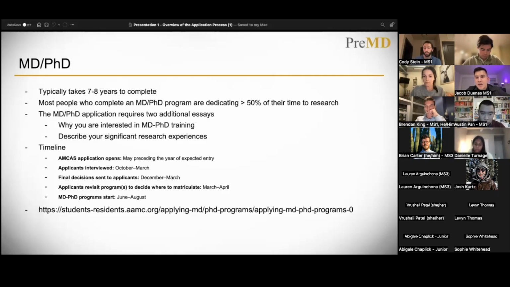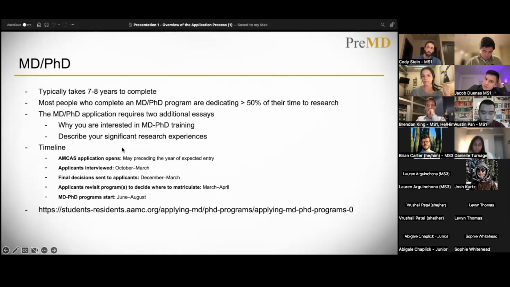For this, you actually need to have had research experience. In the regular MD program, research is not a hard requirement. I never stepped foot in a wet lab or a research group team, and here I am. But for MD PhD, it's definitely important and required.